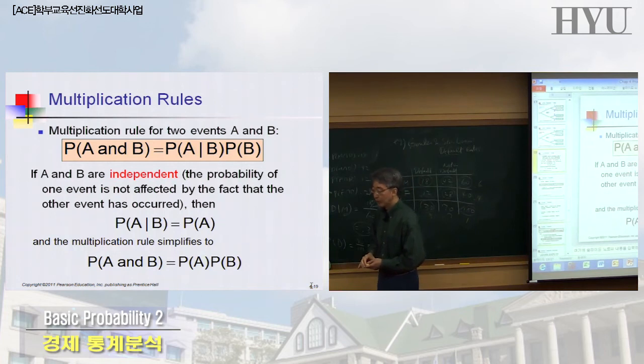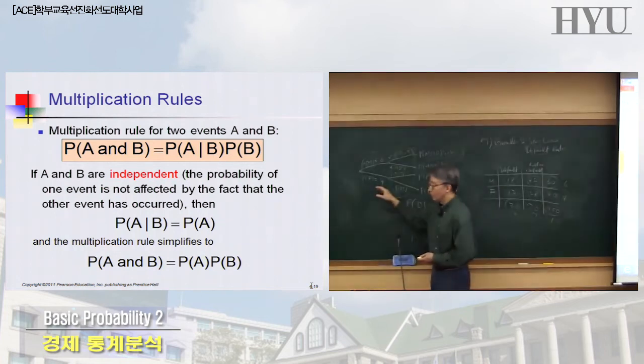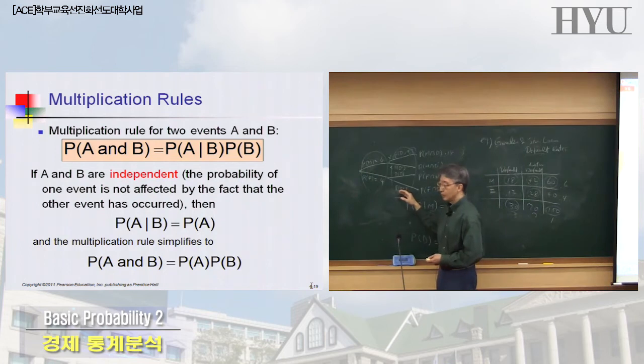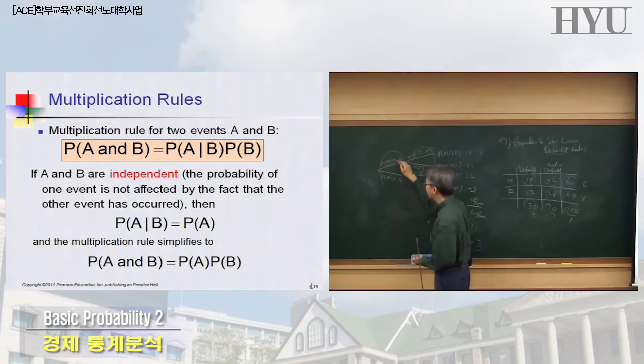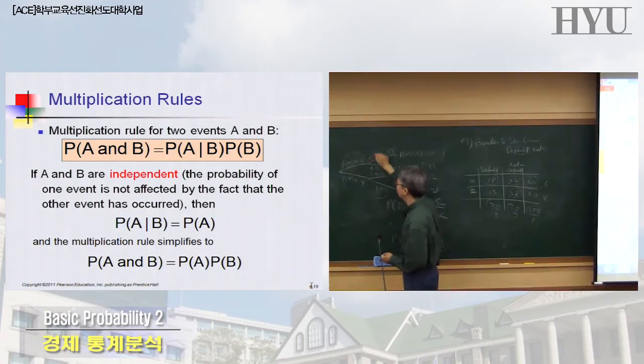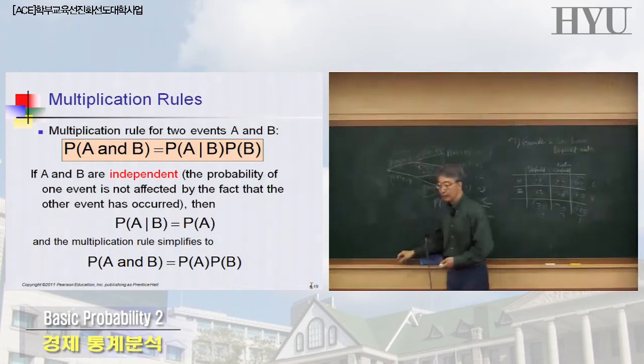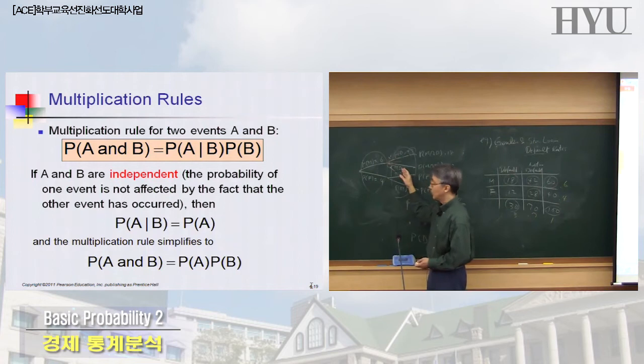So let's say the first event is flipping a coin, the second event is rolling a dice. Then we have a lot of branches: head, tail, and given that you had the head, the second event is you roll a dice, so there are 6 possibilities from each node, and so on. But if two events are independent, you can simply multiply.